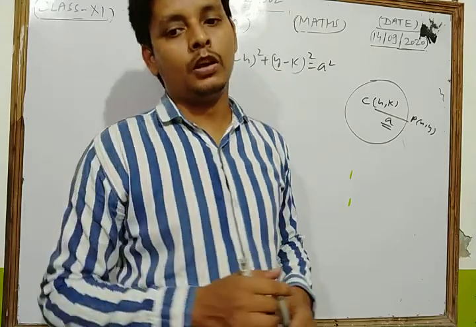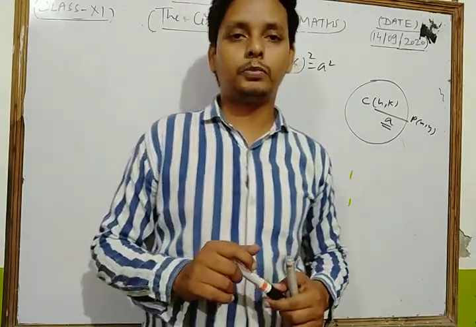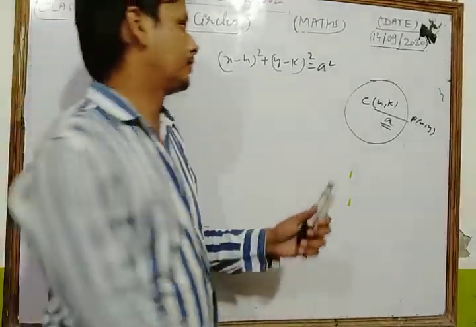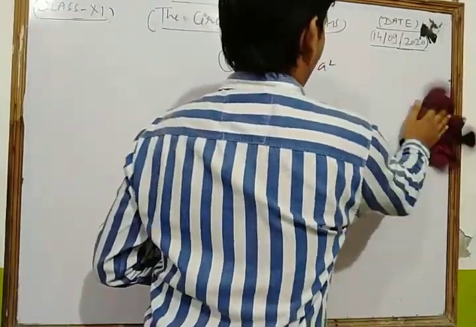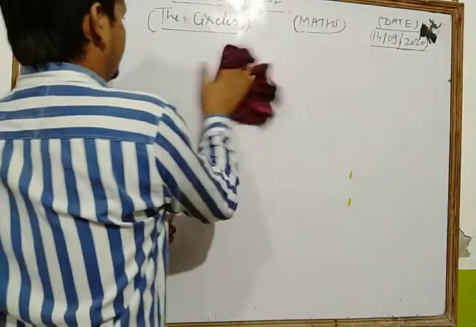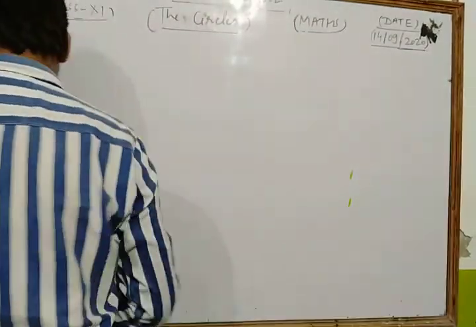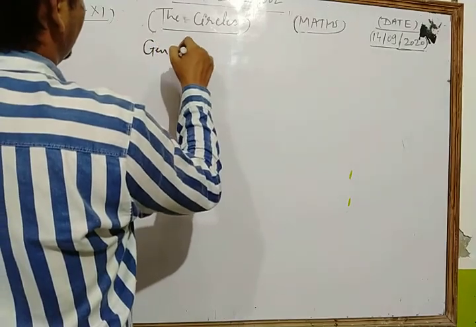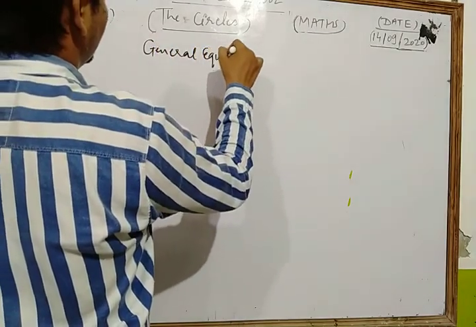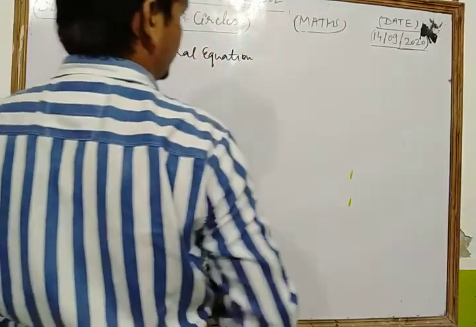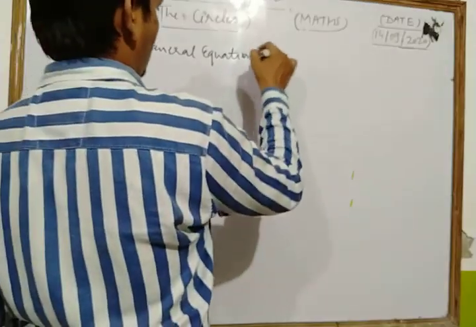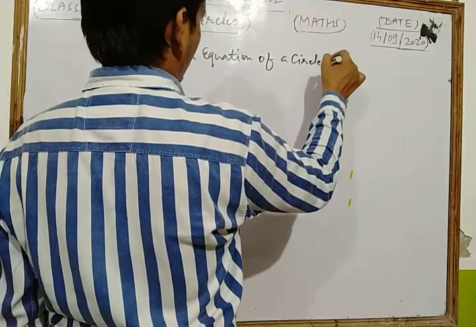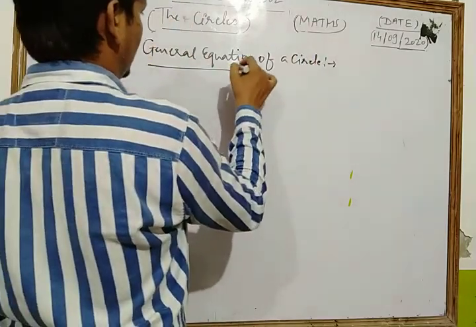Okay, today we are going to discuss the next topic of that chapter, which is the general equation of a circle. Let's see. Now, dear students, we discuss the general equation of a circle.